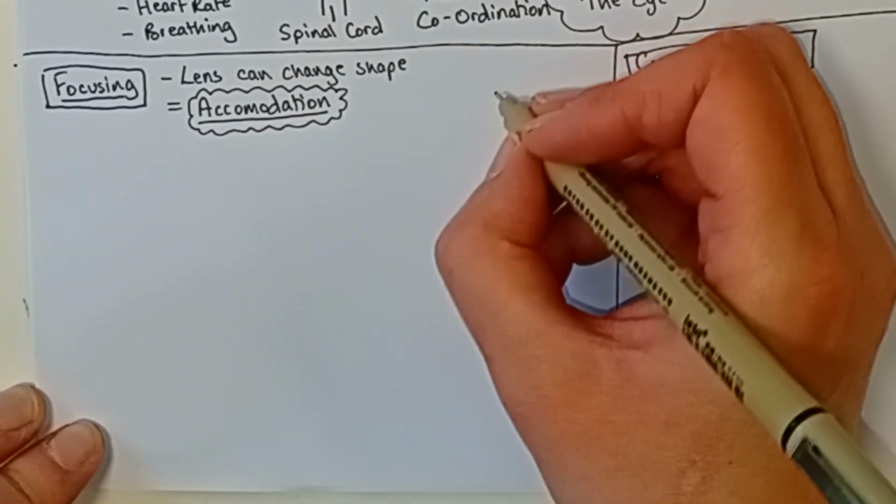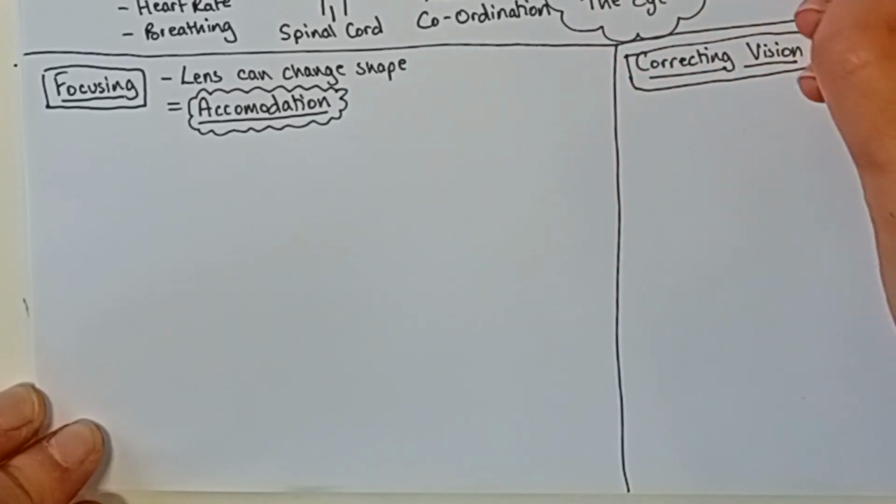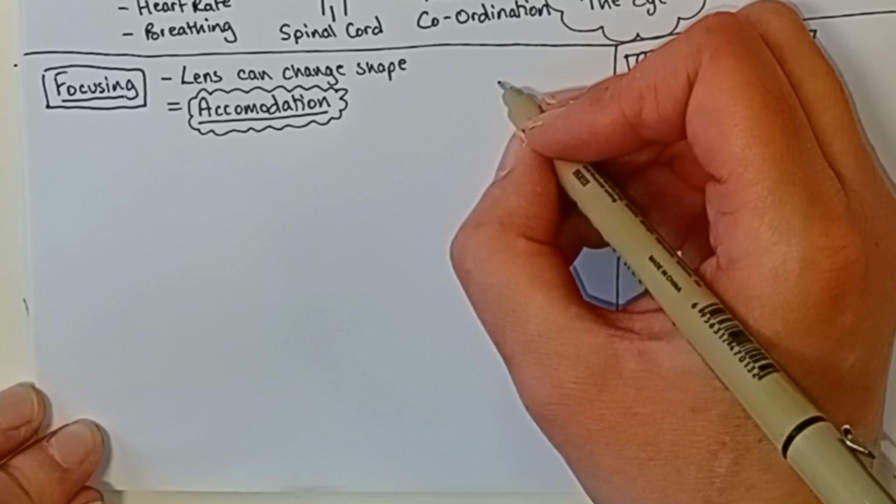I also just want to point out that we've drawn the eye sideways on here. So now we're going to be looking at the lens and these suspensory ligaments and these ciliary muscles. And drawn sideways on, it looks like it's long and thin. But if we looked at it from the front, as if we were looking from the front of the eye, we'd see it's another set of circular muscles. It looks very much like the pupil, but it's not the pupil.